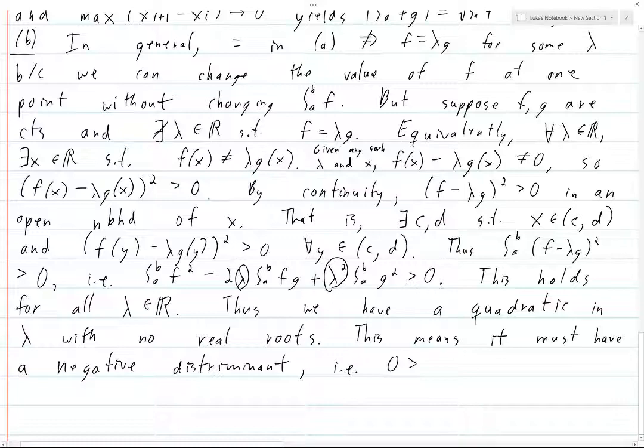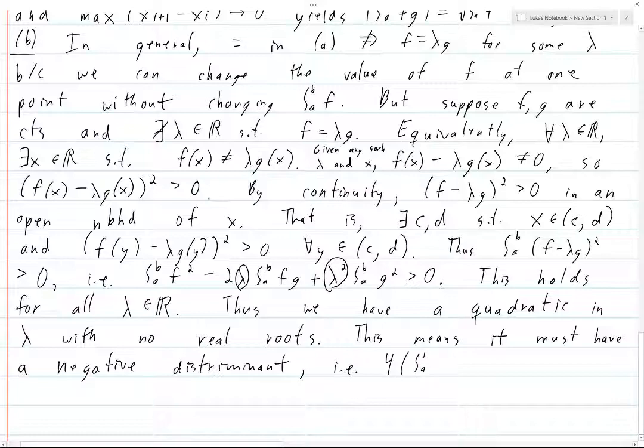Okay, so what is the discriminant? Or here, let's start with the discriminant itself. So it's b squared minus 4ac. So b squared is the coefficient of the lambda term squared. The coefficient of the lambda term is minus 2 integral from a to b of f of g. So if we square that, the negative 2 squared becomes 4, and the integral from a to b of f of g squared.